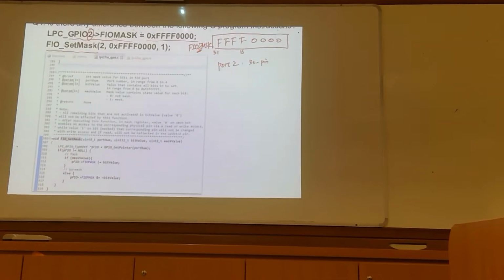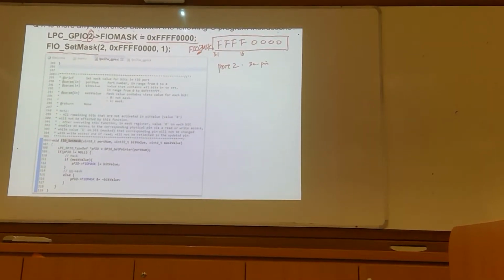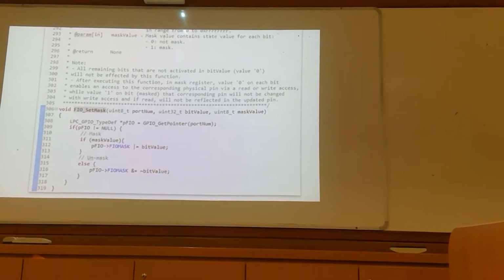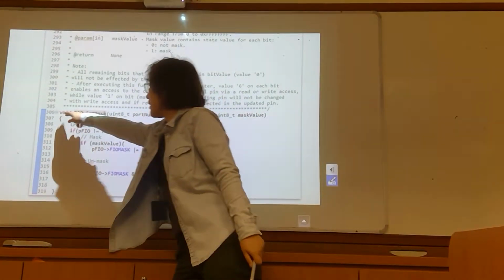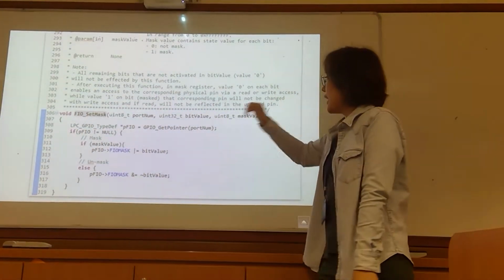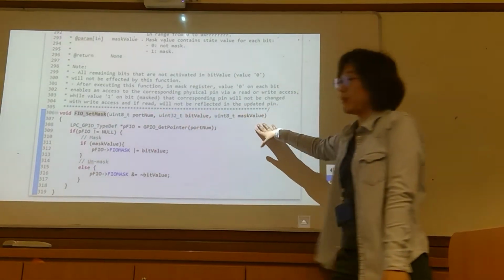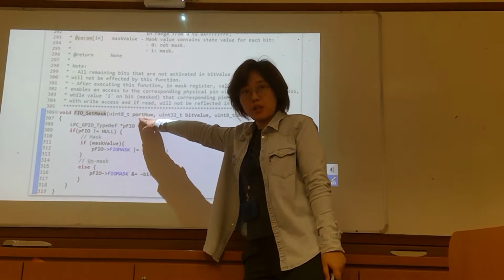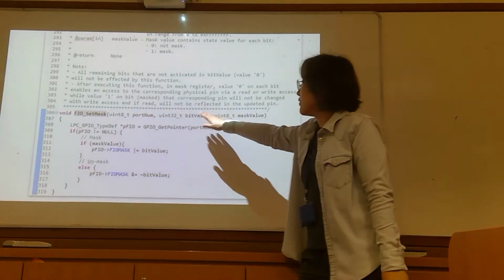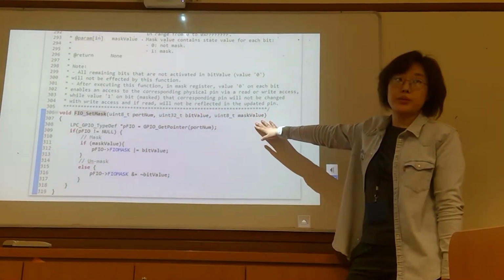Okay, so this is the code. You see, you have FIO set mask. Okay, it returns nothing since it's void, and it requires 3 parameters. First one, port number, bit value, mask value.